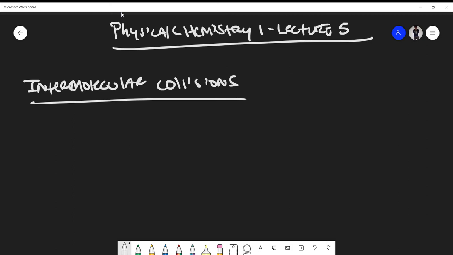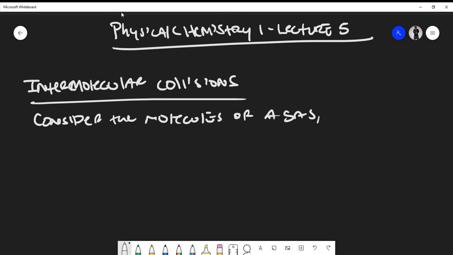So the idea is we want to consider the molecules of a gas, each having a diameter d. So we're going to call their diameter d.